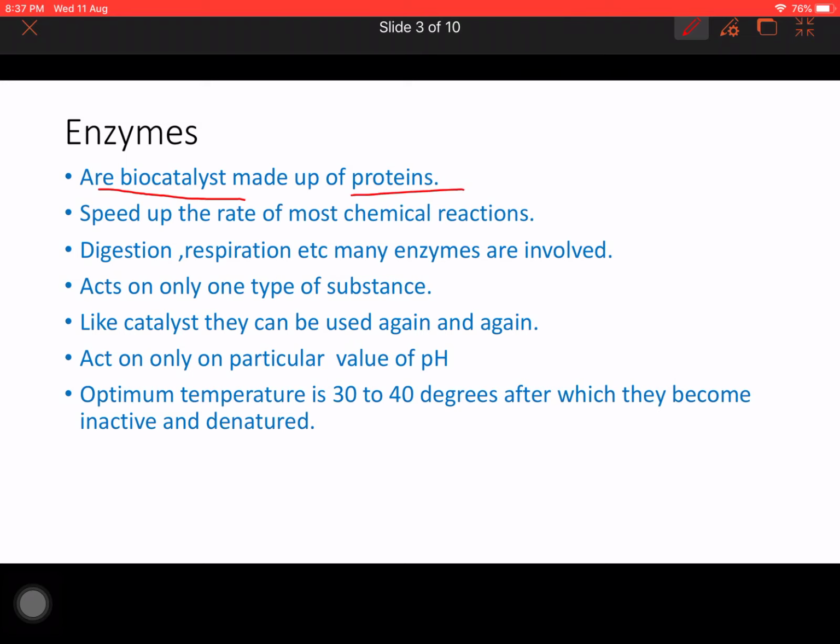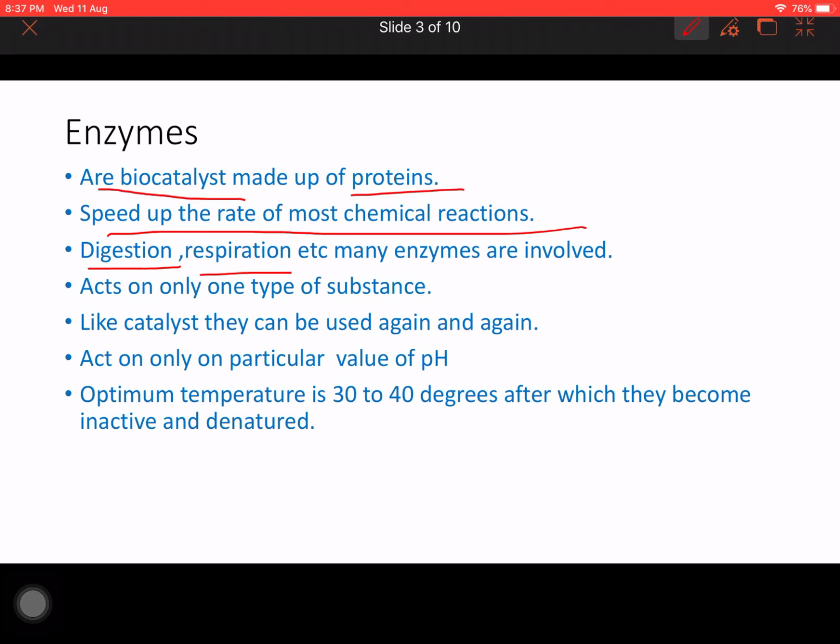They speed up the rate of most of the chemical reactions in our body, and there are many enzymes concerned with different types of processes happening in our body. We have given just two examples: digestion, respiration, etc. Many enzymes are involved in them.